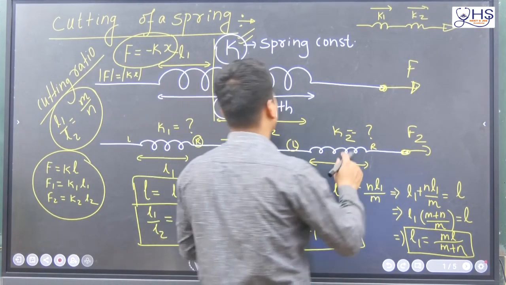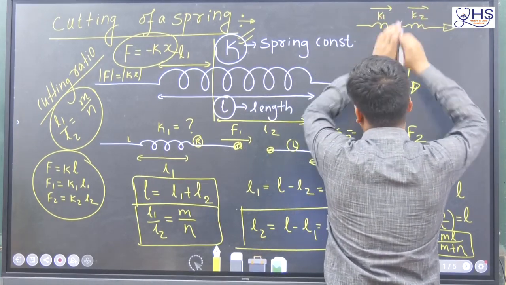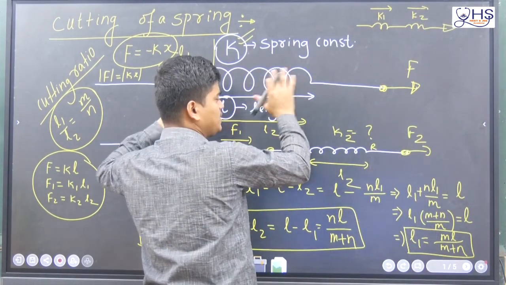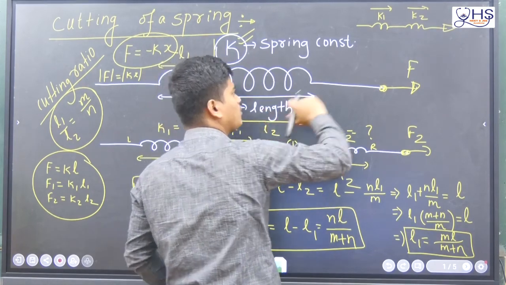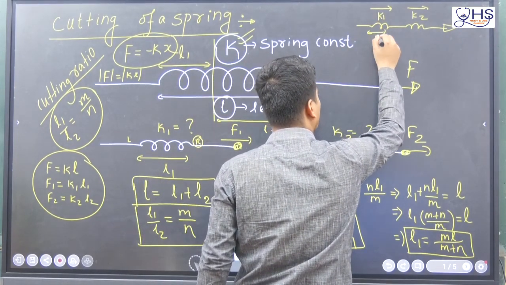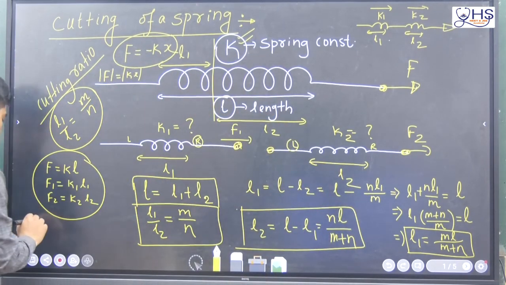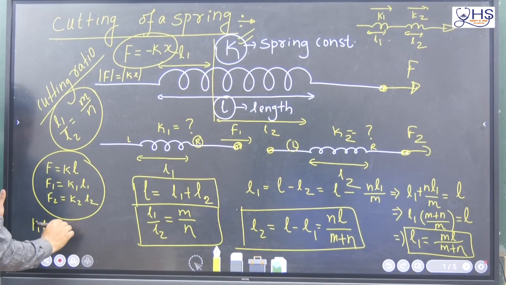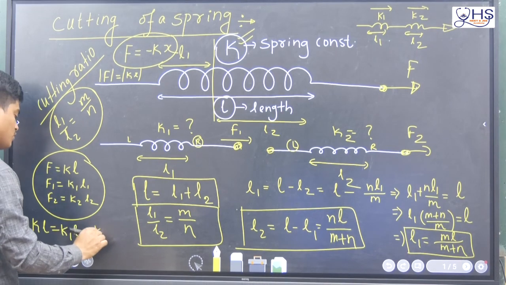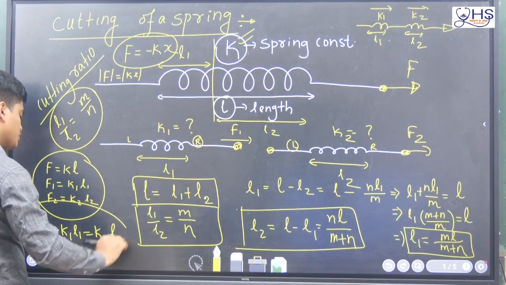Because if you combine them like this, you get this type of spring. So KL equals K1 L1 equals K2 L2. This is the condition, remember.